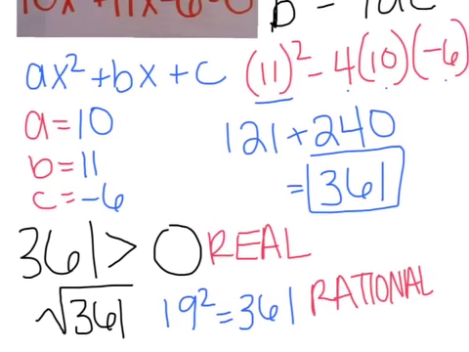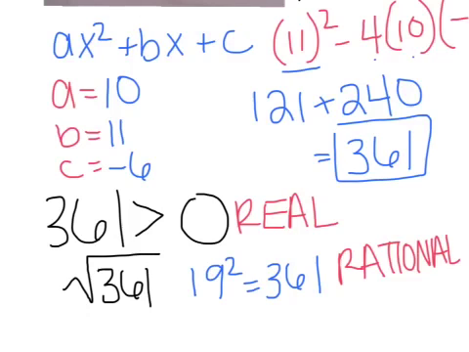And another thing that the fact that 361 is greater than 0 tells you is not only are your roots real, but you also have 2 of them. If 361 was less than 0, that would mean you'd have imaginary roots, so really you'd have 0 real roots.